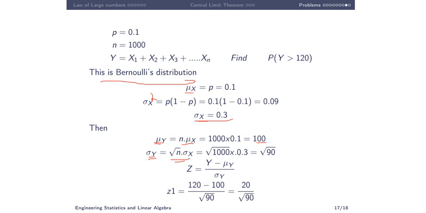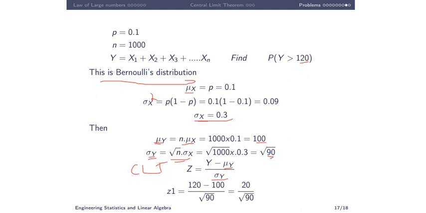Now, according to the central limit theorem, CLT, we can modify this into a normal distribution with z equal to y minus mu y divided by sigma y. So when z transforms by shifting by mu y and scaling by sigma y, the 120 also transforms to 120 minus mu y, which is 100, divided by root 90, that will be 20 by root 90.